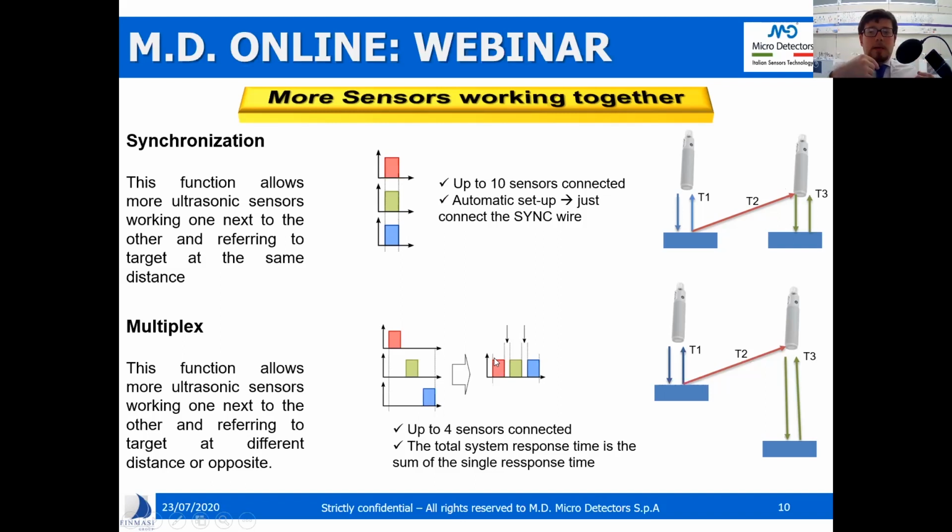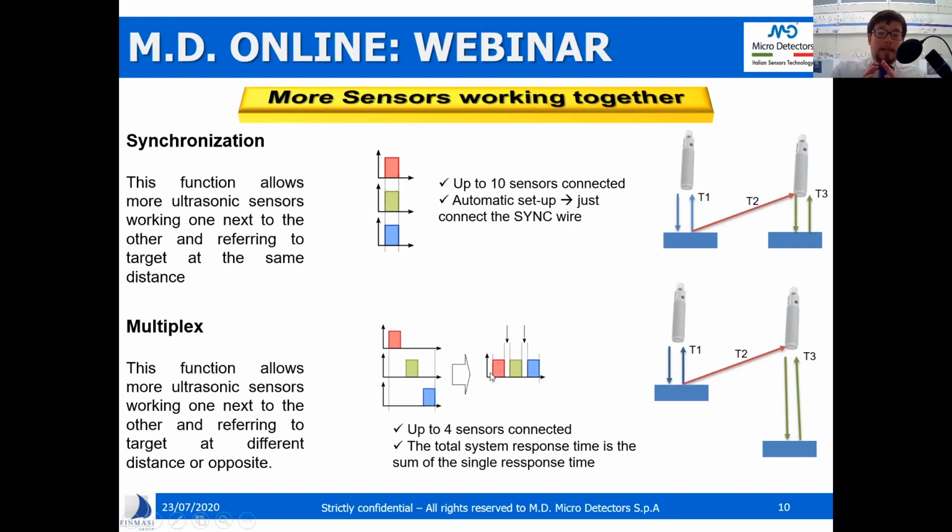When you use more sensors simultaneously, but with reference to different surfaces, to different distances, you can use the multiplex function. This multiplex function makes it possible to use up to 4 sensors simultaneously.